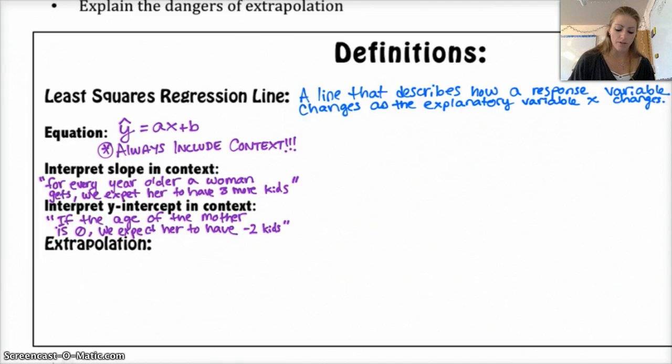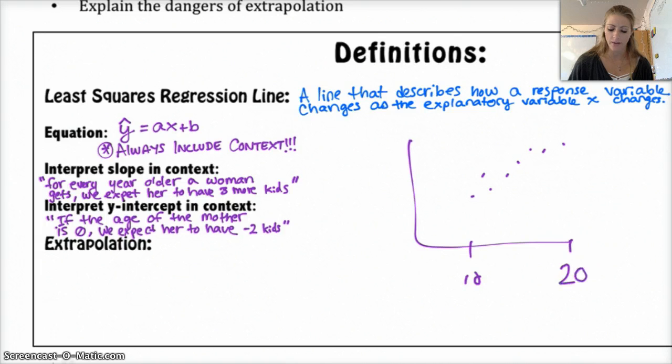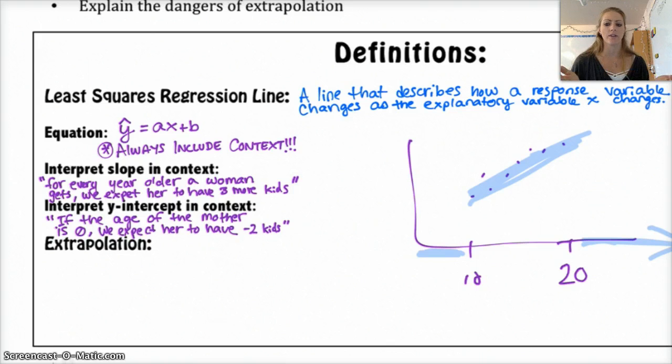So, if all of my data, say I have a graph and all my data is from 10 to 20 or whatever, if I try to predict something that's outside of that x value, so between 0 and 10 or 20 to infinity, if I try to use my least squares regression line to predict a y, often it won't make sense because you only have data for a certain range of x values, and so predicting outside of that range typically will give you bad information.